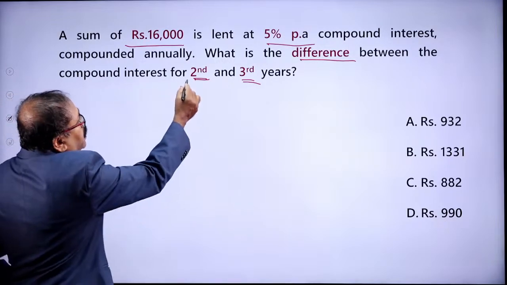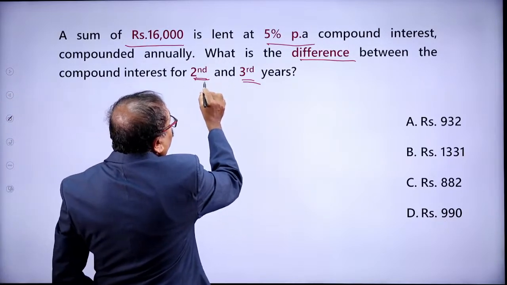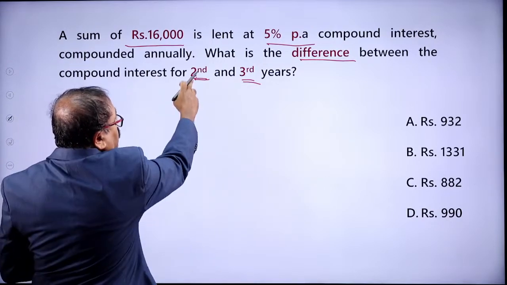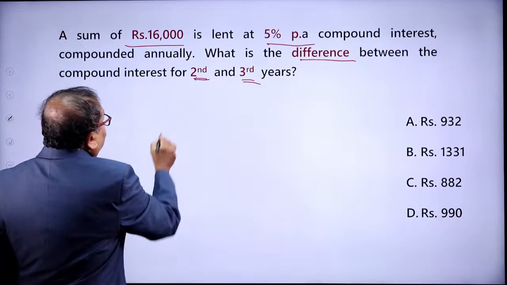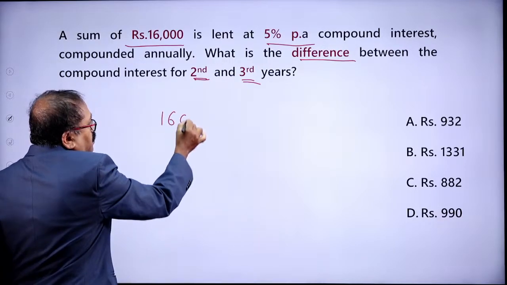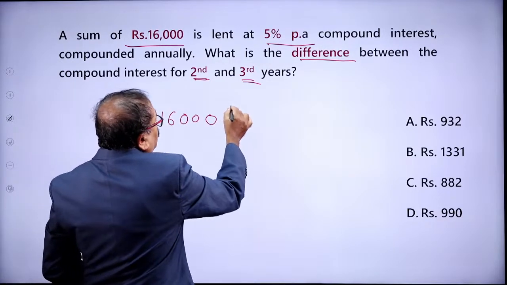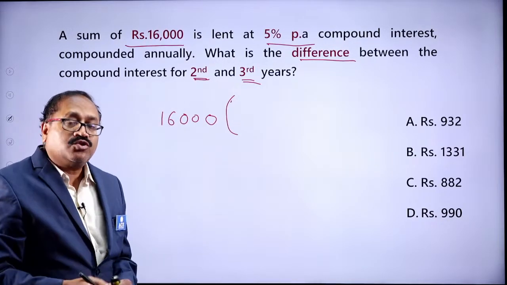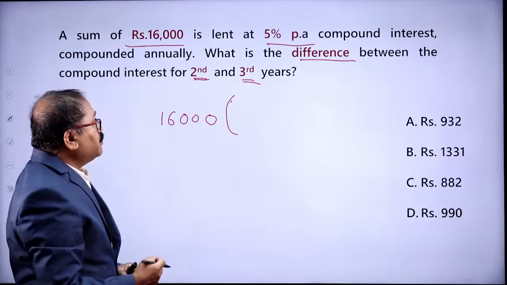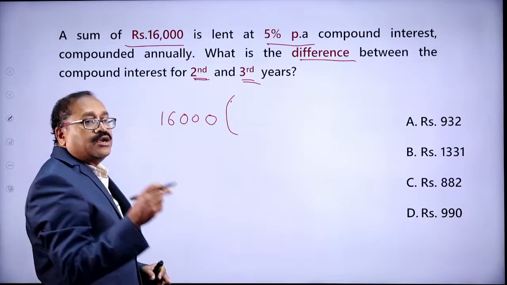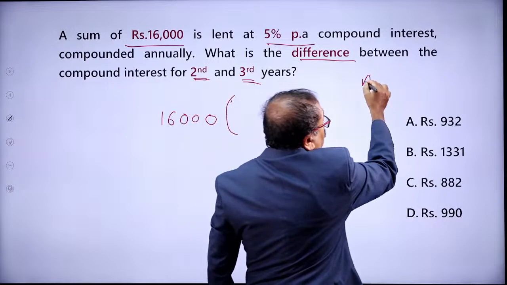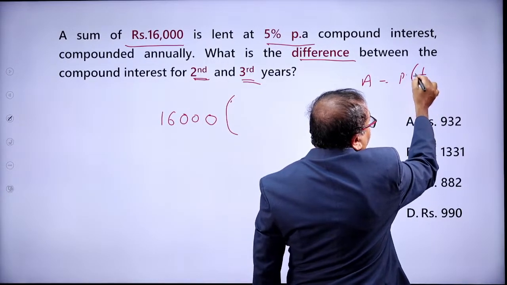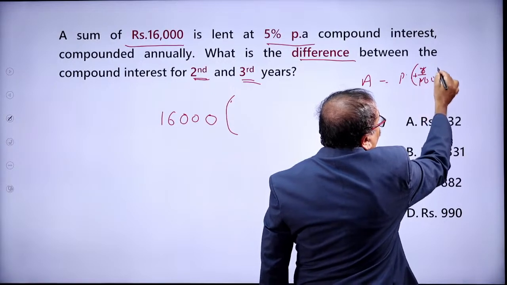Here, given the second year and third year difference, first I will take the 2 years amount, that is 16,000 into 1 plus R by 100. What will be the 2 years amount? We know that A is equal to P into 1 plus R by 100 to the whole power n.